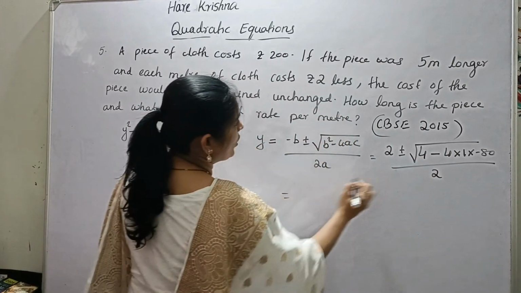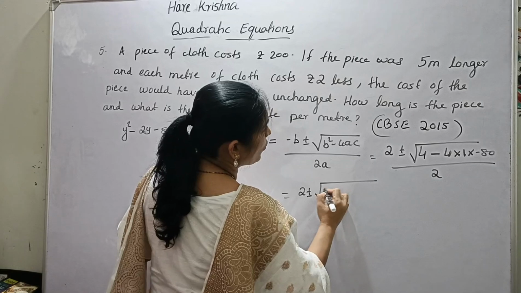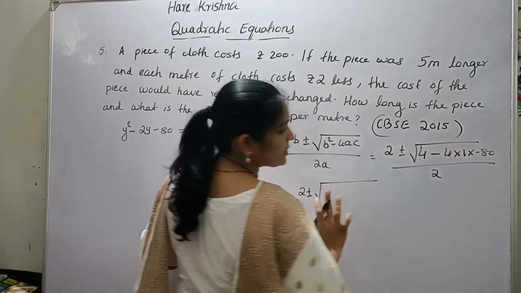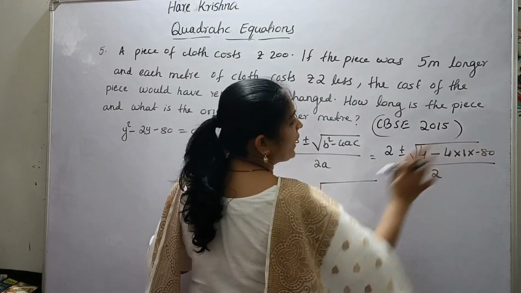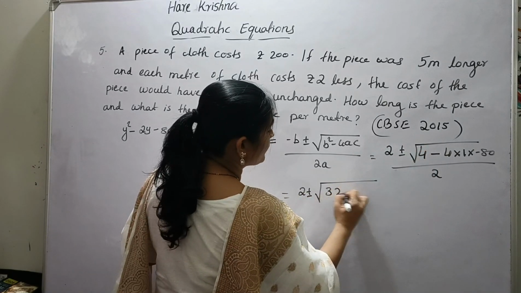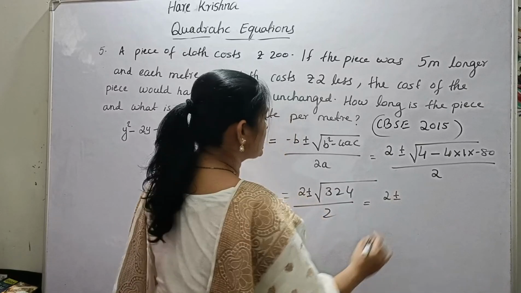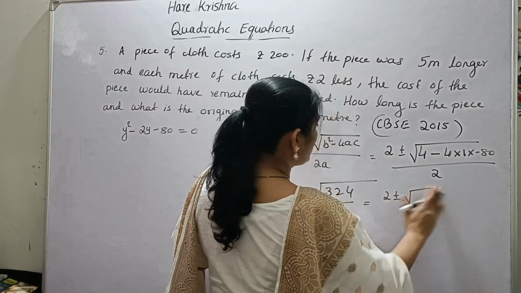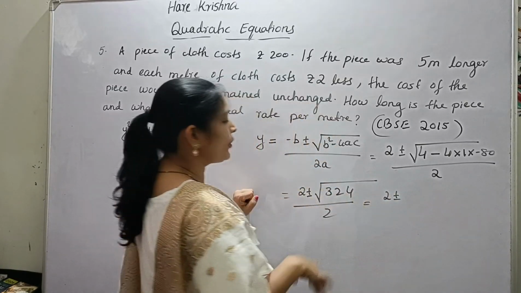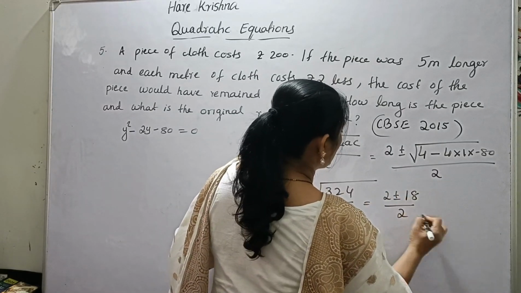That is equal to 2 plus or minus square root of 4, 4 into minus 80 becomes plus. 4 into 80, 320. 320 plus 4, 324, divided by 2. That is equal to 2 plus or minus square root of 324, which is 18, divided by 2.